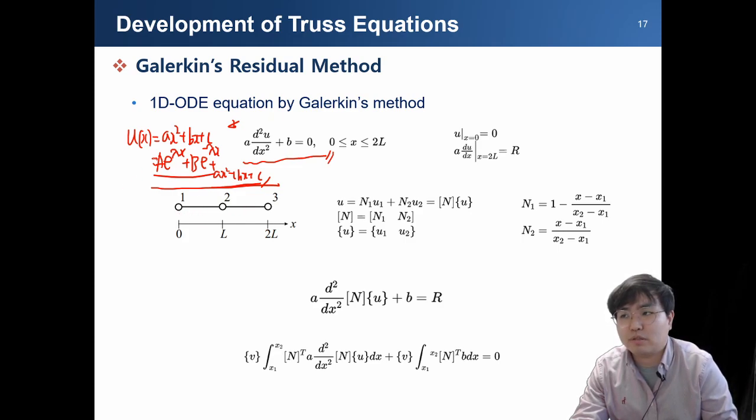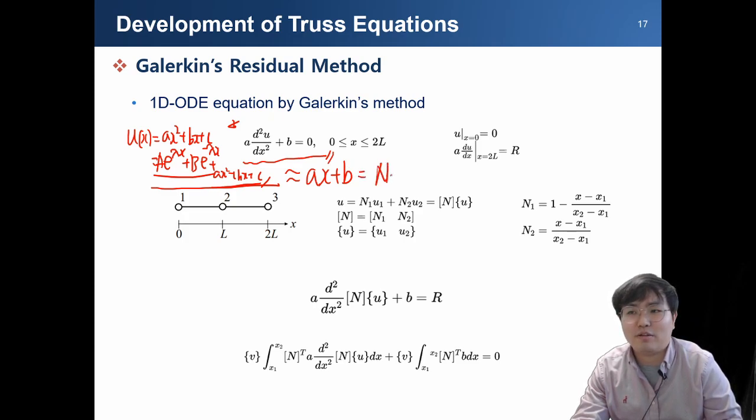So we simply assume that this solution is a first order polynomial, and then we use a simple shape function here. Maybe N1 is a function of x and N2 is also a function of x.